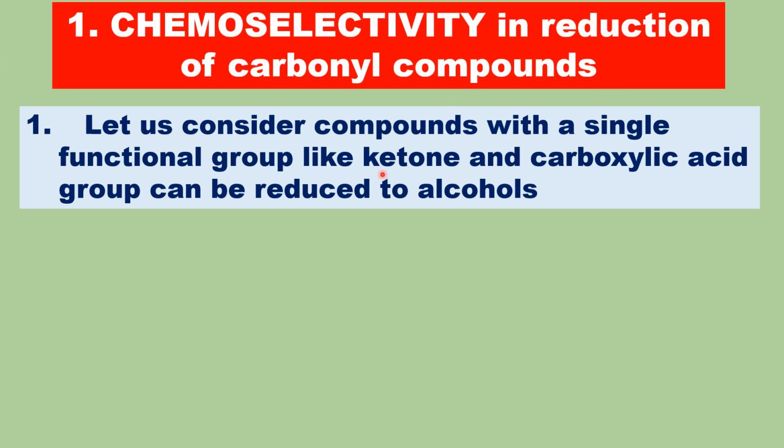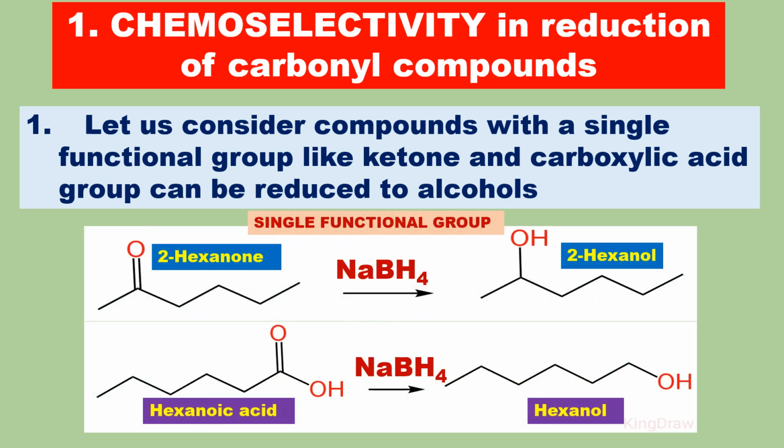Let us now consider an organic compound with a single functional group. For example, 2-hexanone is reduced to 2-hexanol by sodium borohydride. In this molecule there is a single functional group.